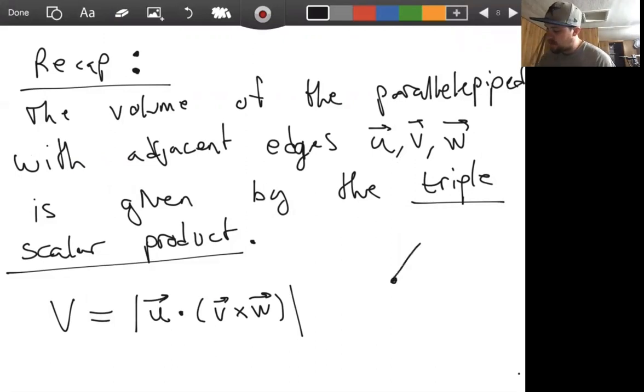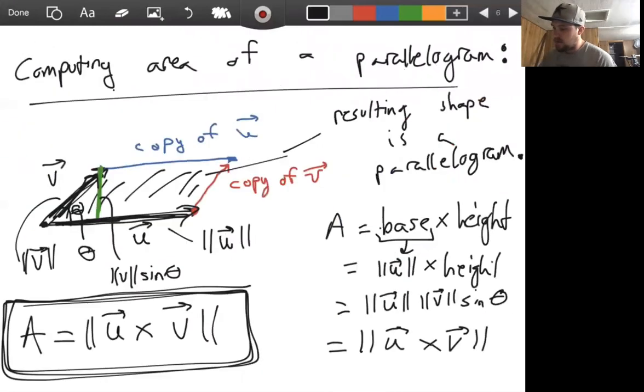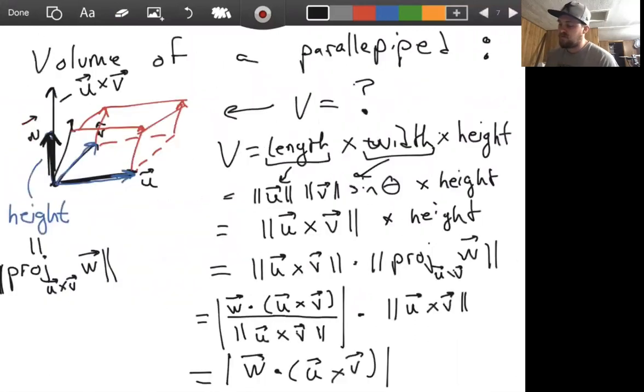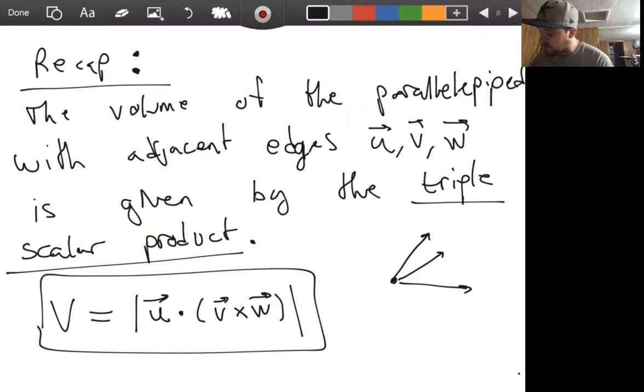And so here, you can see this was out of order. It goes W, U, V, and here I've gone U, V, W. I'm going to match the picture here. So my proof was kind of a permutation of what I'm calling the vectors. So to match with this formula, we can think about the picture where this is the vector U up here, and then we have vector V and vector W. Again, it doesn't matter.